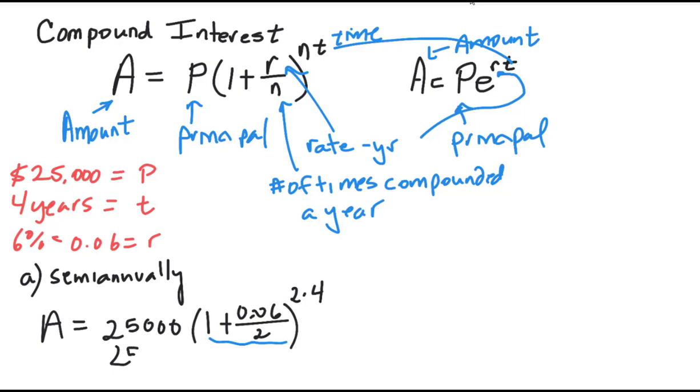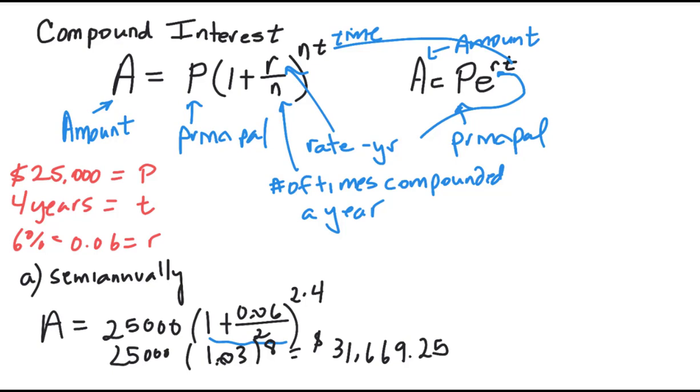So you should get something like 25,000, and then inside here 1.003 raised to the 8th power. And I came up with, rounding this to the nearest cents, $31,669.25. All right, so you do the same formula over and over.